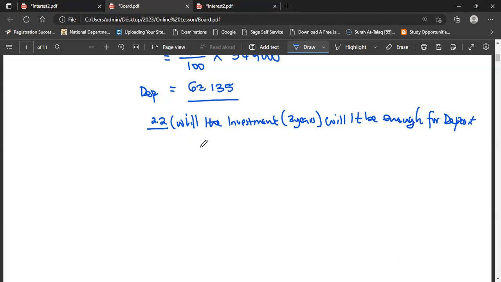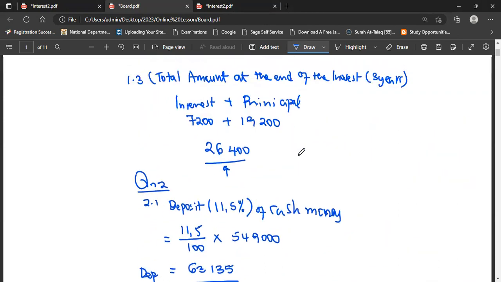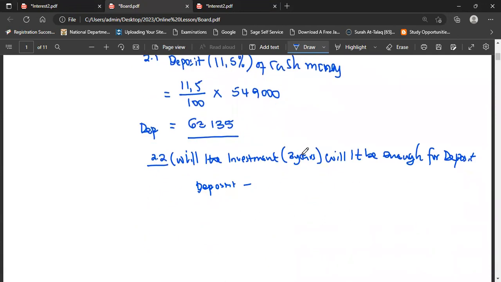So all you have to do is get the needed deposit minus the accumulated amount of money from the investment.